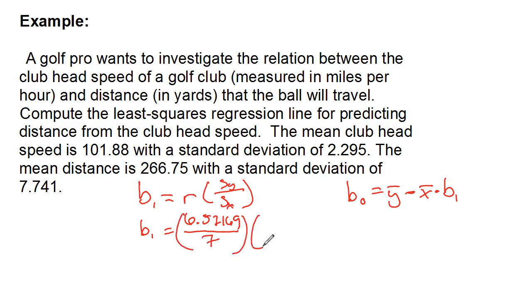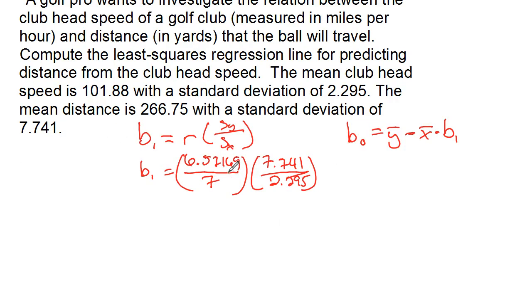And then my standard deviations, 7.741 divided by 2.295. And so I'm going to do this division and multiply it by this. And so my slope is 3.167 when I do that calculation, and I'm going to round to about 3 decimal places.